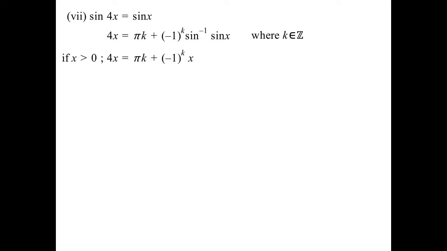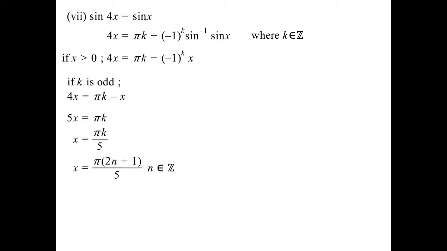We now have an additional problem. Whether k is an odd number or an even number will determine whether that is plus or minus. So if it is an odd number, then I'll get 4x is pi k minus x, which gives me the solution, x is equal to pi k on 5.